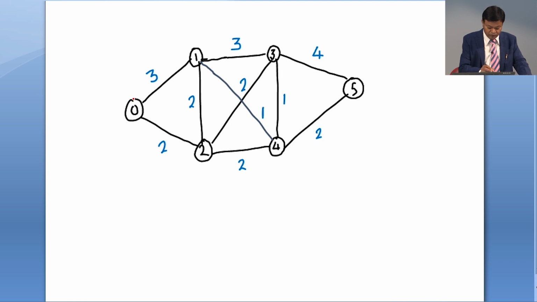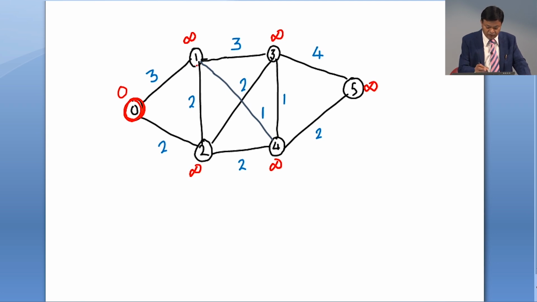So let us apply Dijkstra's algorithm for shortest path on this given graph. So our source node is 0 and the distance will be initialized to 0 because there is no distance from source node to source node. All other distances will be initialized to infinite. Now we'll select 0 and we'll find out what all are the nodes which are directly connected from 0, and we'll modify their distances.